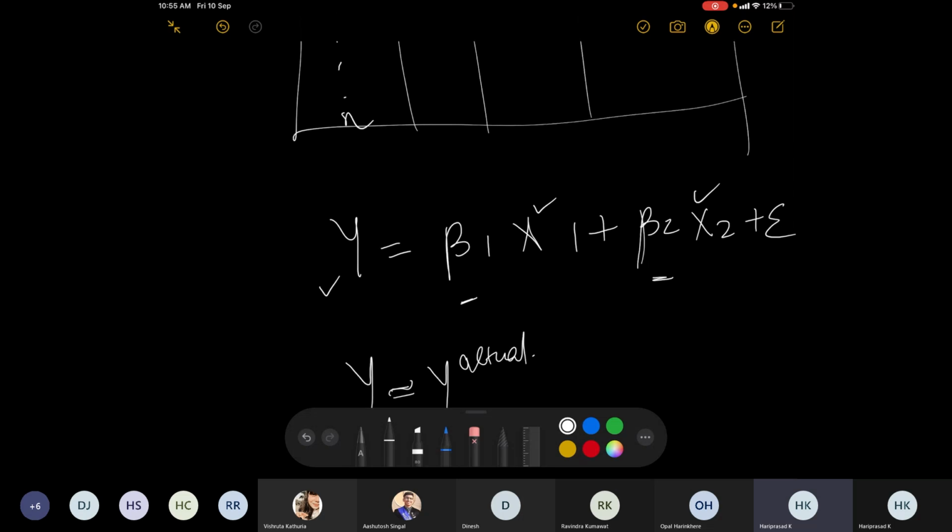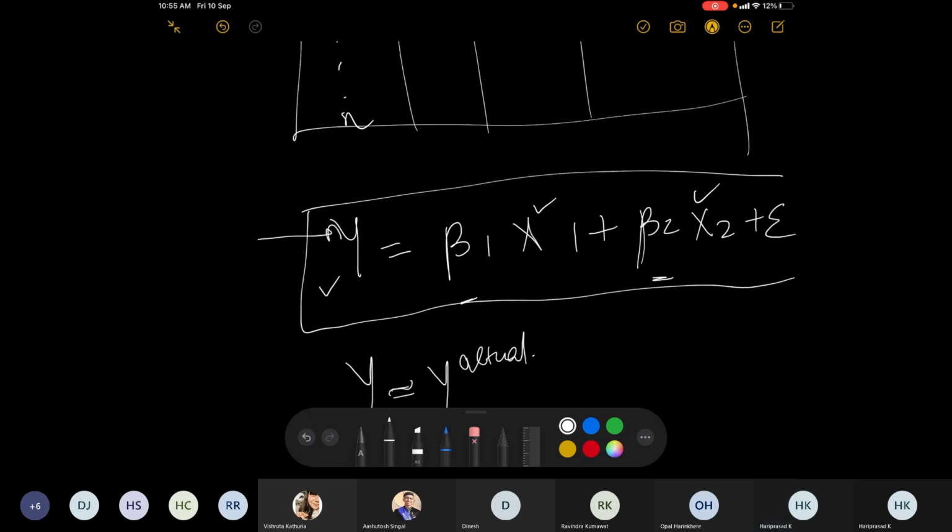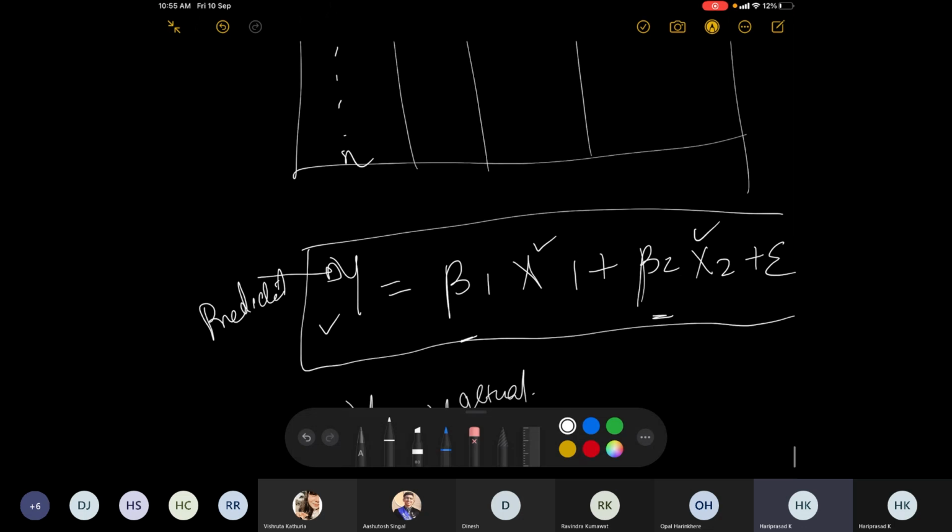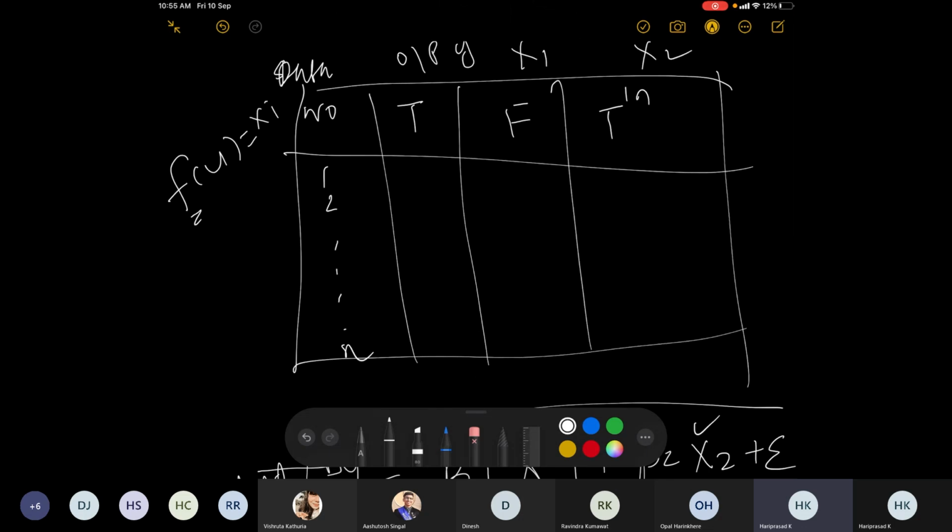So this is predicted Y. You see that this is predicted Y using the model. So this Y, what I have written, is the predicted Y. And what is actual Y? Actual Y is recorded.